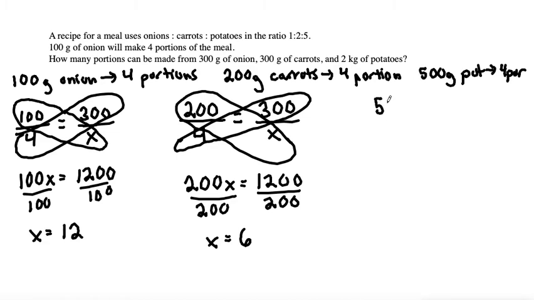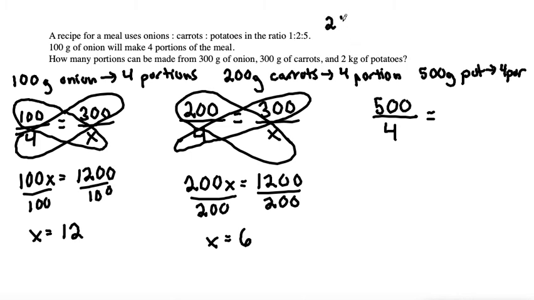Next, let's use the information we have with the potatoes. We know that 500 grams of potatoes makes 4 portions of the meal. We can set that equal to, we have 2 kilograms of potatoes, but in order to plug this in for our numerator of our fraction, we need this unit to be in a unit of grams.